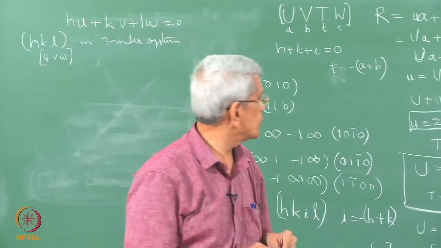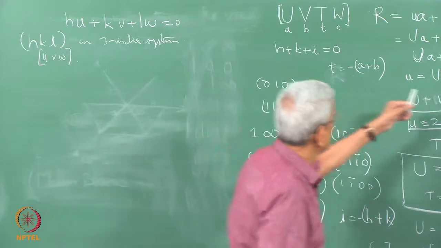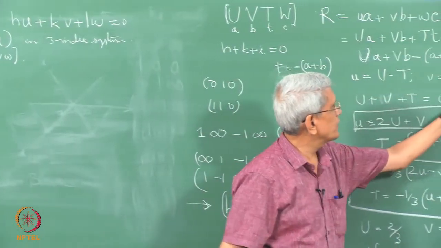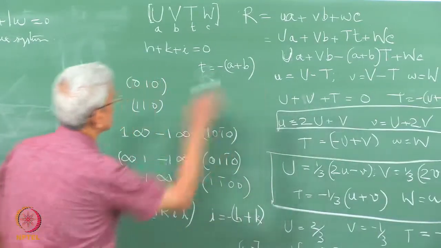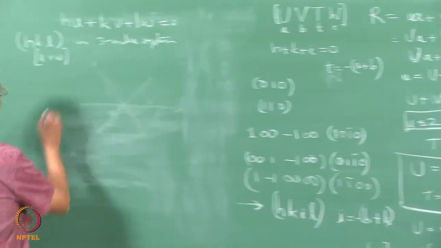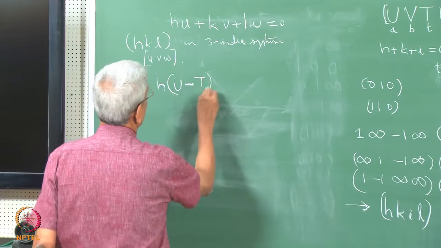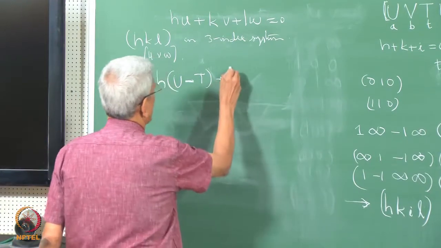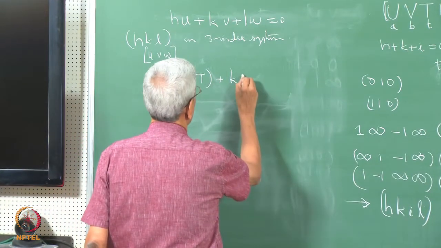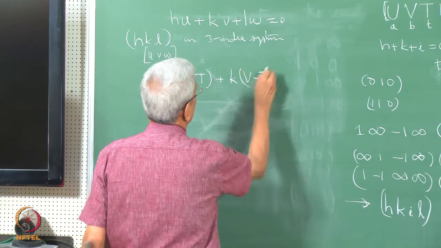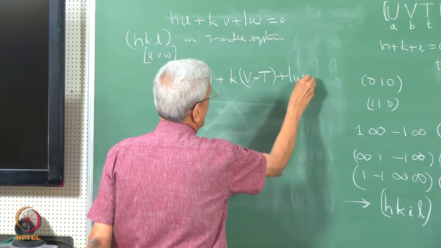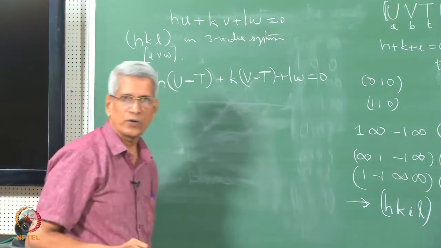Now, what we can do is that this is the expression for U, V and W. If we substitute this, what will happen? H into U minus T plus K into V minus T plus L into W, this will turn out to be 0, correct?